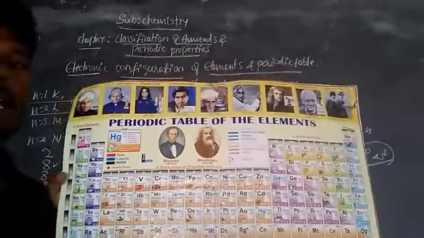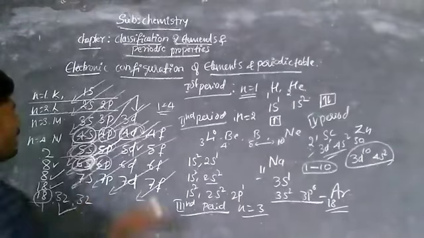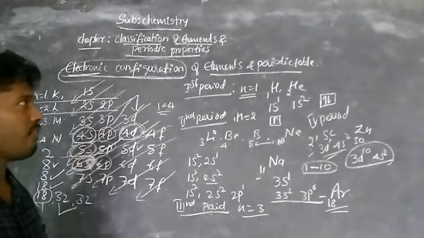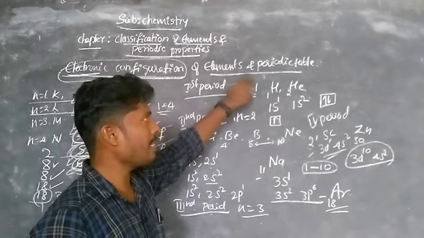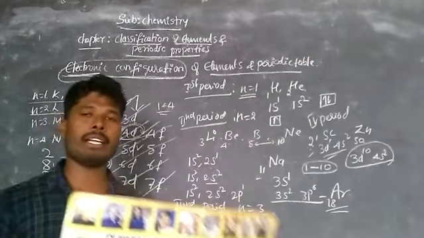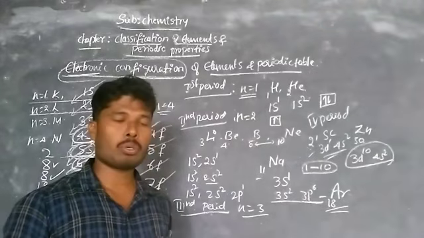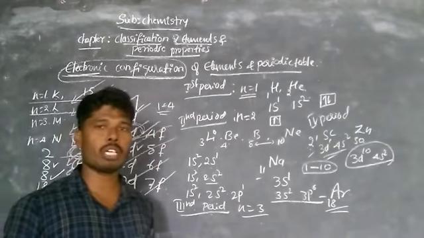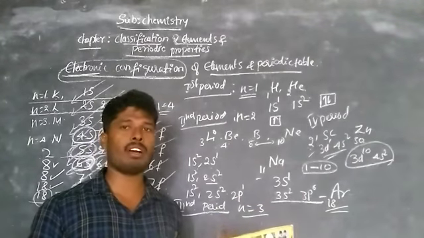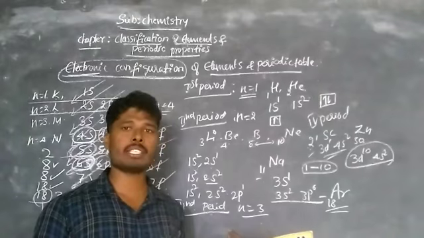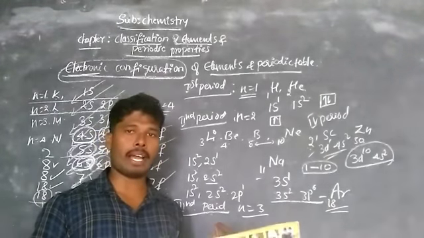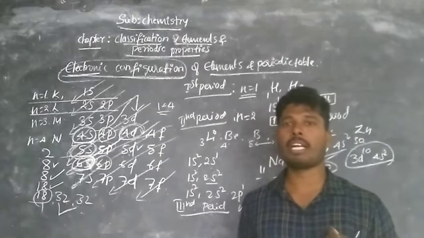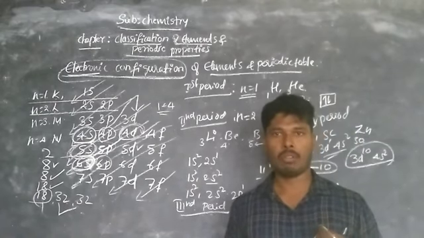So this is the complete detail about electronic configuration and the periodic table. Classification of elements, the complete details of the periodic table, look like this. Okay, students, I hope you are understanding. While studying this chapter, you should keep the periodic table in front of you. Then only will it be easy to understand how the elements are arranged, what their properties are, how to write the electronic configuration and what rules we have to follow.